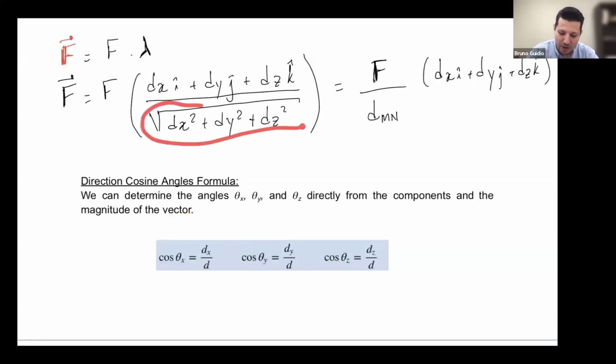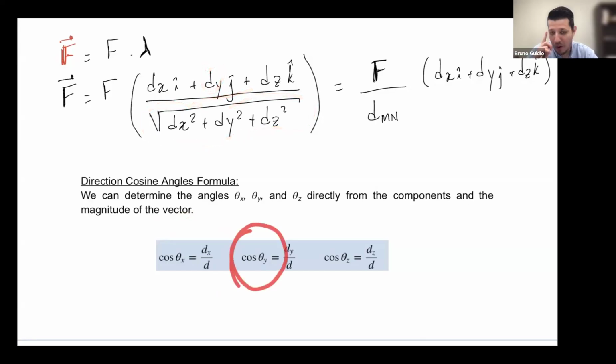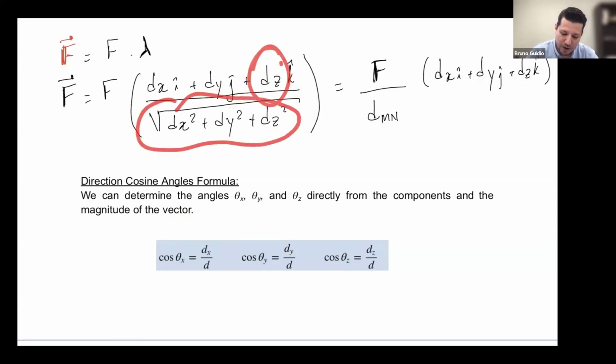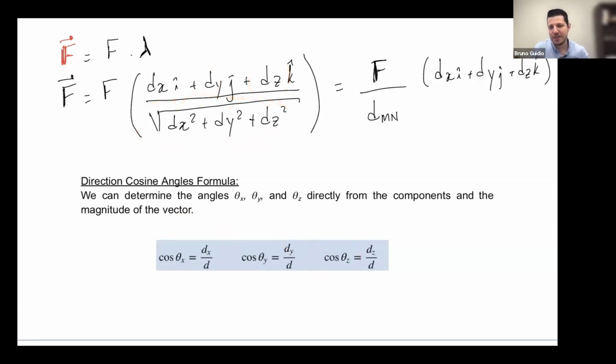Once we divide dy by this magnitude, we find the cosine of theta y. So using 2 points is going to work the same way as using the cosines.